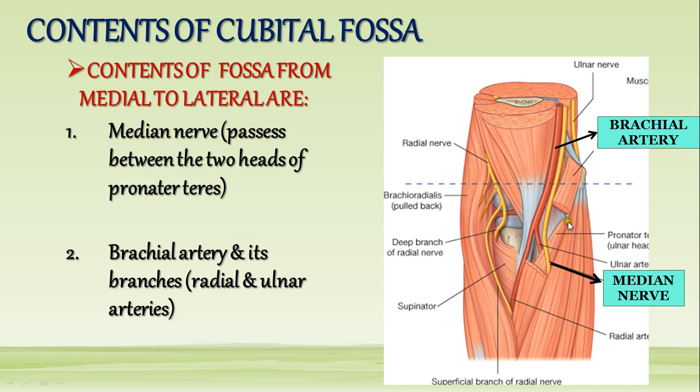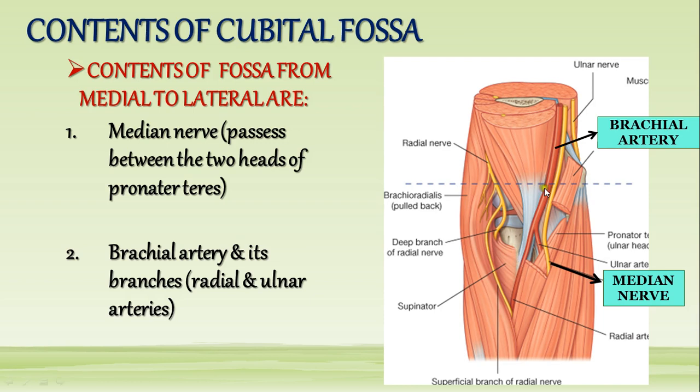The roof of the cuboidal fossa is formed by skin, superficial fascia and deep fascia. The superficial fascia contains two important structures, the medial and the lateral cutaneous nerves of the forearm and the median cuboidal vein. Now we are going to discuss the contents of the cuboidal fossa.